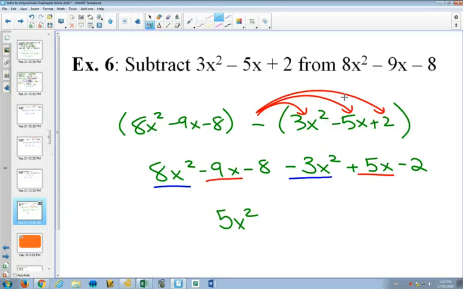Negative 9x plus 5x gets us? Negative 4x. And finally, the minus 8 and minus 2? Minus 6. Close. Think of your number line. You're at minus 8 and you go back 2 more. Minus 10. Excellent.